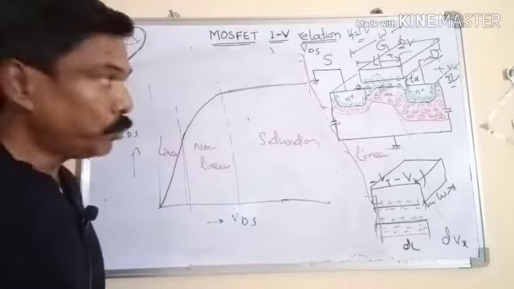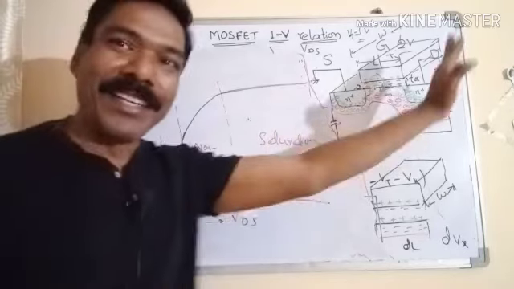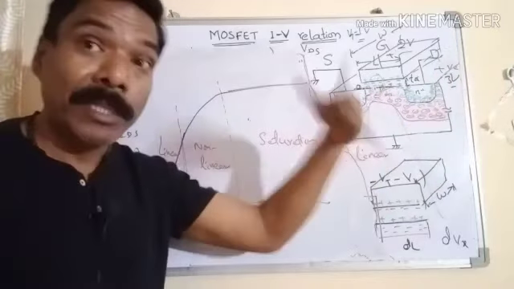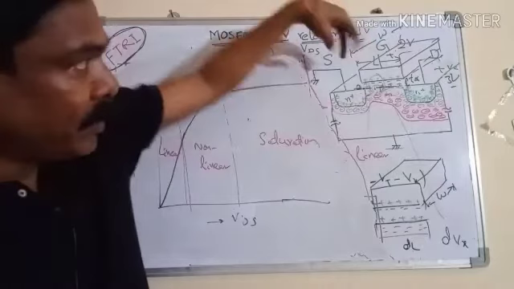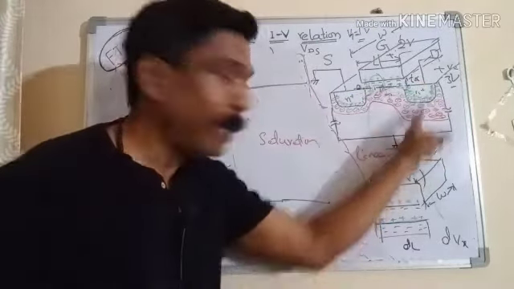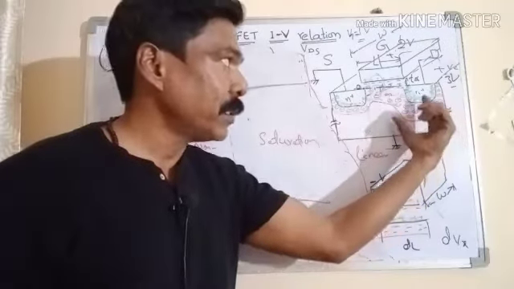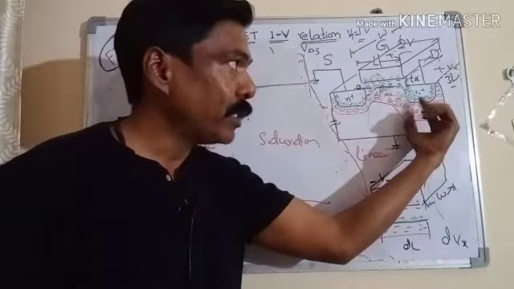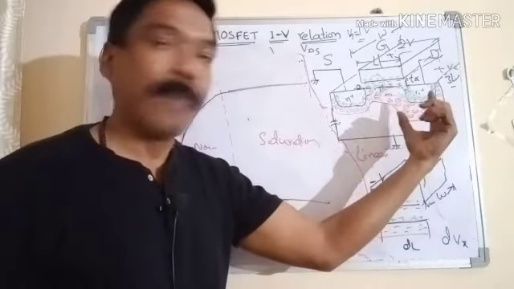Now what will happen if you keep on increasing the VDS further? Something else will happen. Source and body are also grounded, so the voltage across this PN junction, the drain to substrate junction, will keep on increasing. A time comes when the electric field across the junction will be high enough to introduce impact ionization.